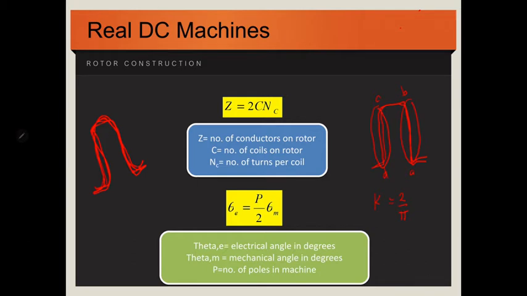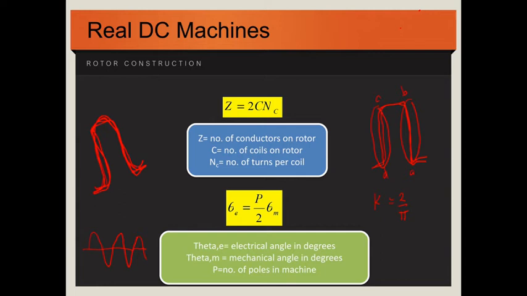Okay, the second one is the term electrical angle and mechanical angle in degrees. Electrical angle means the waveform, in this case the AC waveform created inside the machine, because we actually have AC voltages inside the DC machines, and we get DC because we have commutators, right? So inside of that is alternating current.